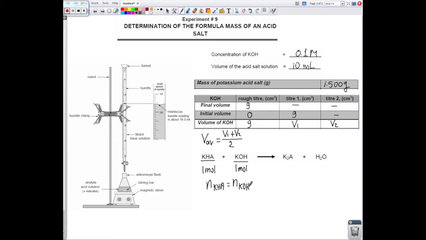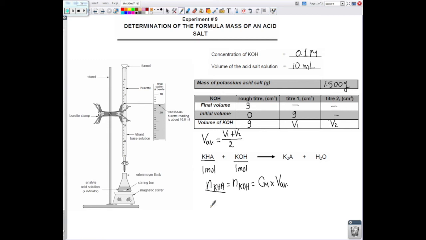Now the number of mole of KOH is equal to the molarity multiplied by volume. Which volume? The average volume that you have calculated. This will give you the number of mole of acid salt.